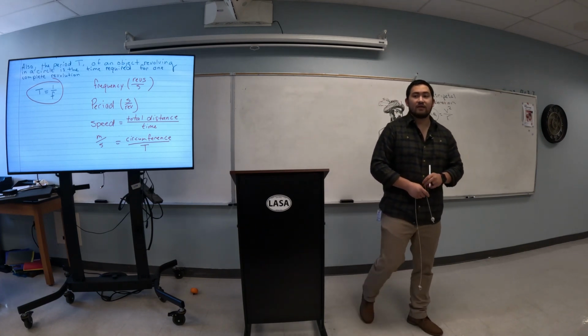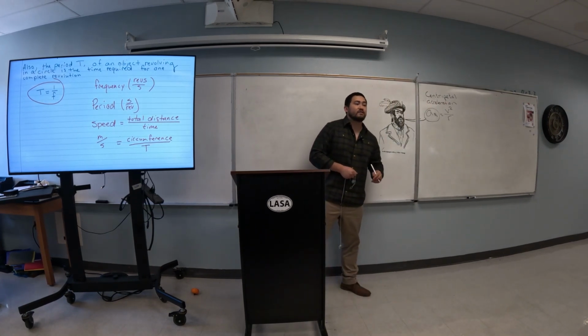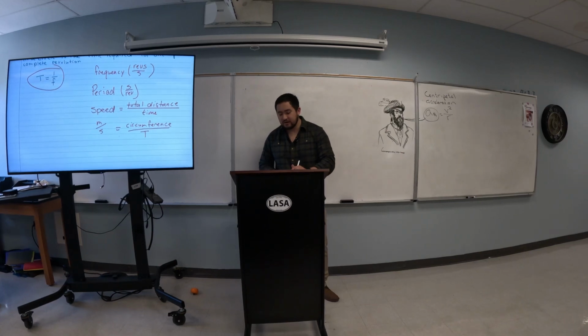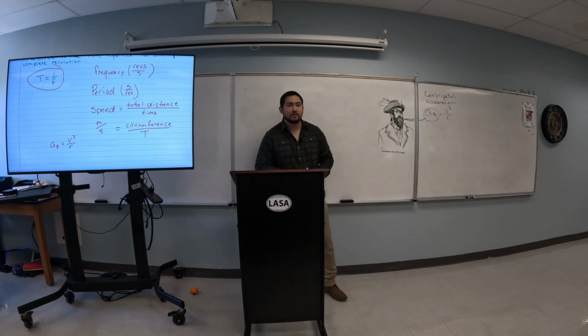Once we have that, if we know the radius of our circular motion, then we have everything we need to solve for centripetal acceleration, which, as a reminder, is equal to v squared over r.